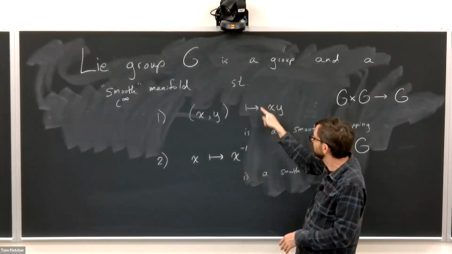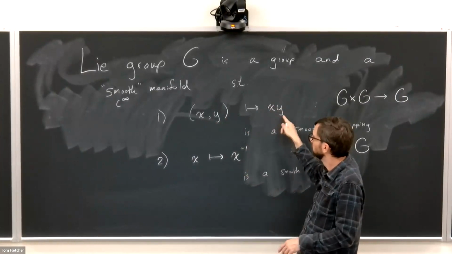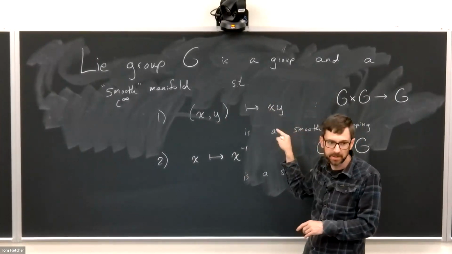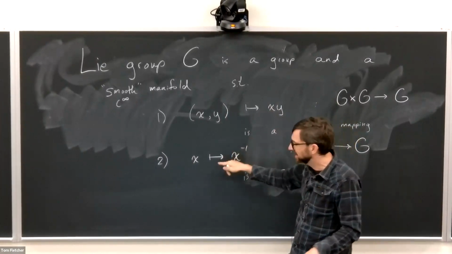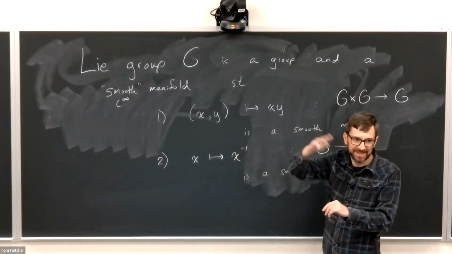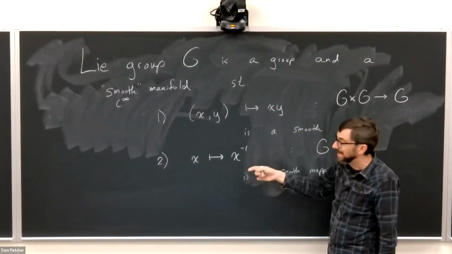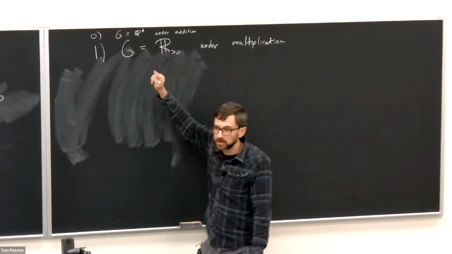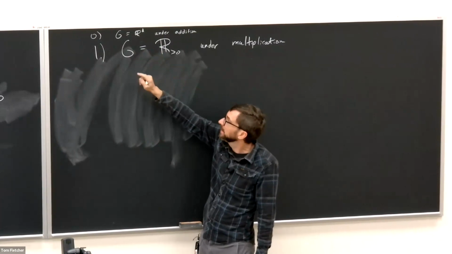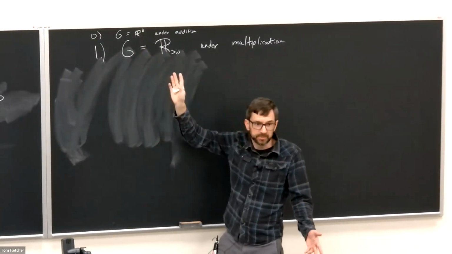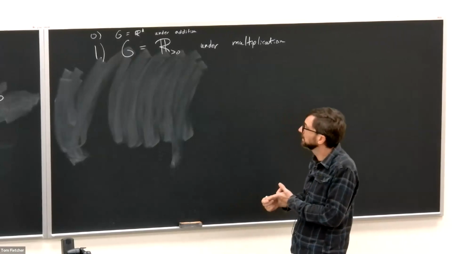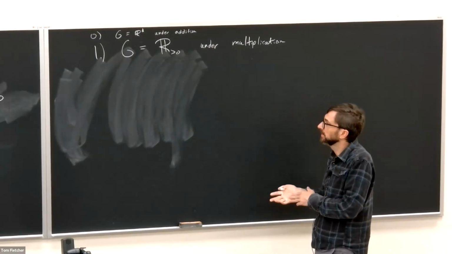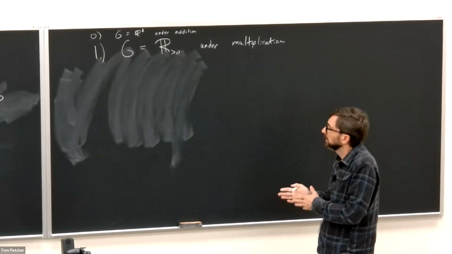So our abstract notation for general groups, we would want to change for that specific example because I would want to say this is x plus y. And of course, addition is differentiable. The inverse is just negation. X maps to negative x is the inverse of x. That's also differentiable very trivially. So real vector spaces are Lie groups. They have a group structure under addition. And so Euclidean space basically is a Lie group. It's kind of the simplest example, if you will, of a Lie group.